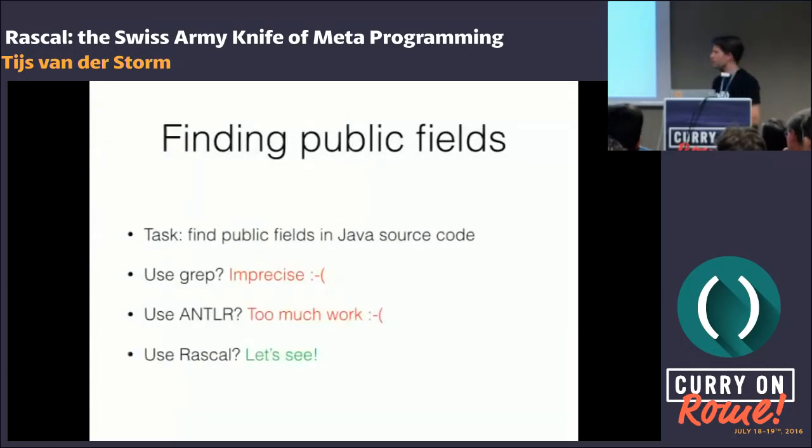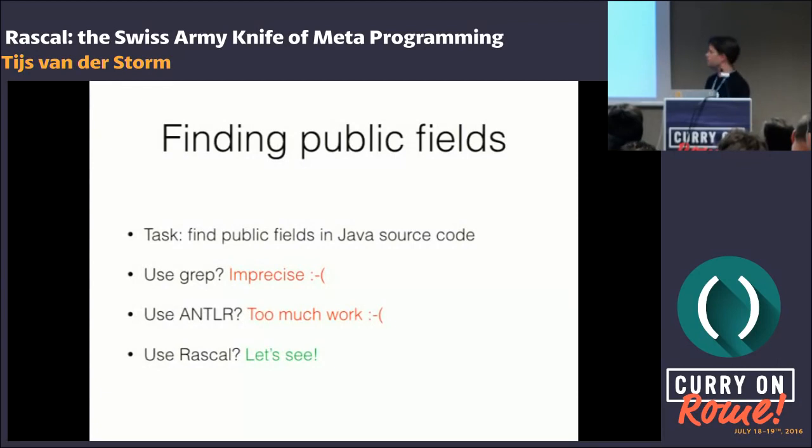Okay, so enough talking. Let's write a meter program. Here's a really simple meter program. You could call it a smell detector. We want to find public fields in some Java code. So we could do grep and write a regular expression that matches public and so on, and then you get a list of results.